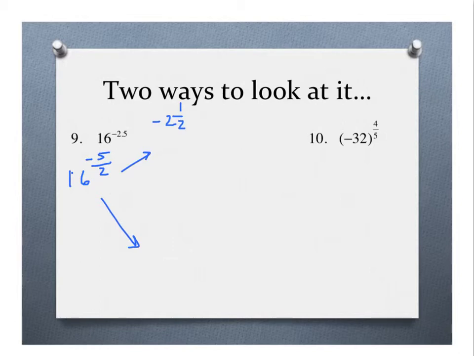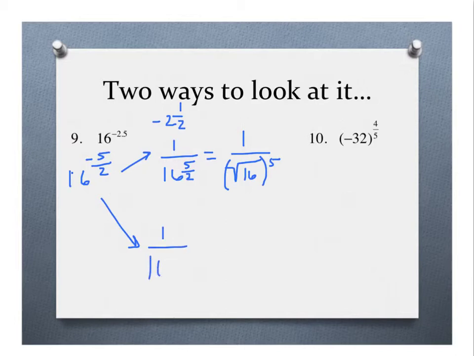I could do, of course, it's got to be 1 over 16 to the positive 5/2. But then at that point, I can make it 1 over the square root of 16 and then to the 5th power, or I can make it the 5th power of 16 and then the square root of that.